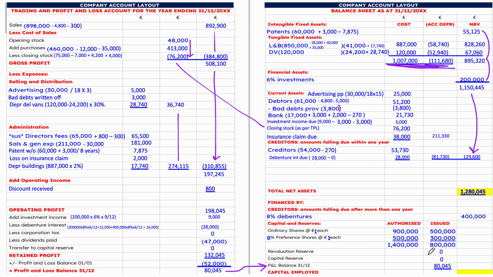Then I tot up, I've got my 400,000 debentures. I add my 800,000 to my 80,045. That's 880,045. And then I add my 400,000 and my 880,045. That gives me 1,280,045. So that is it totted up.